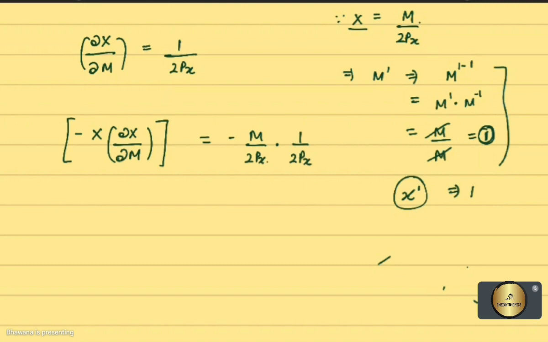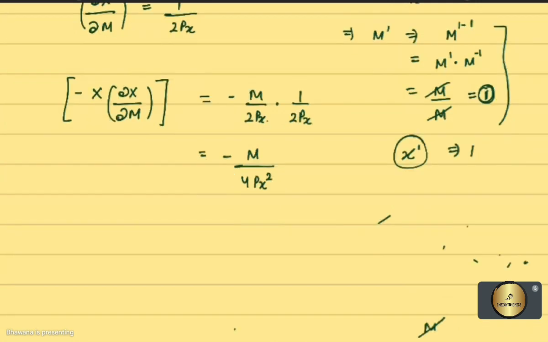Further solving this, you will get m by 2 into 2 is 4 px square. Okay, so this is the final expression for your income effect.